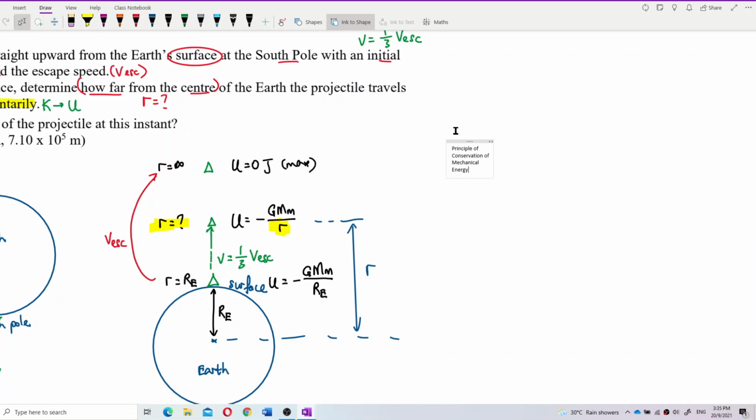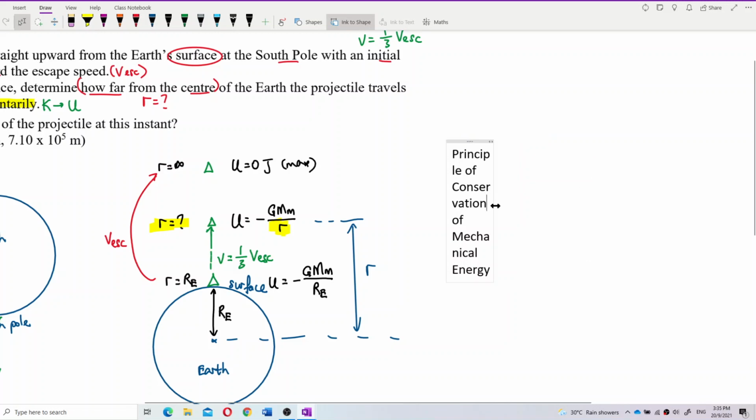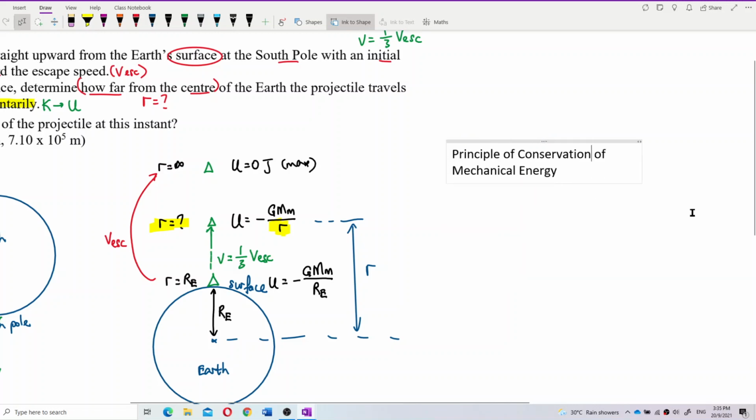We don't talk about friction, or energy loss due to friction. Let me write it down. We just talk about the principle of conservation of mechanical energy, where we only have potential and kinetic energy.